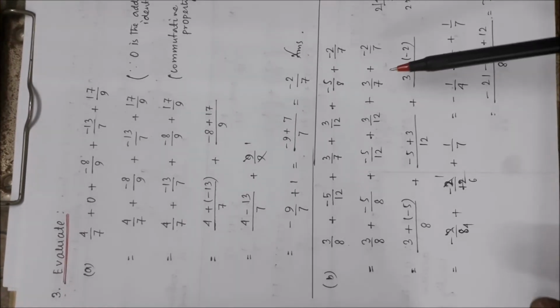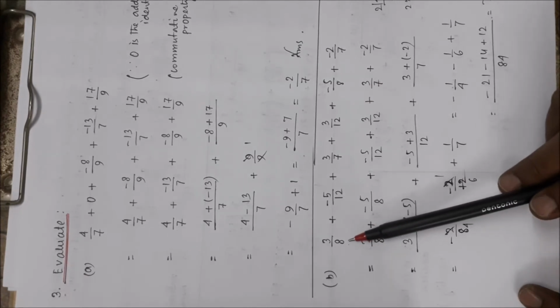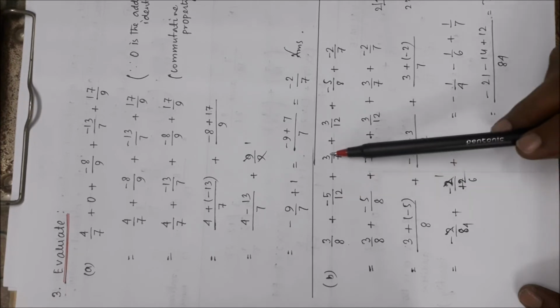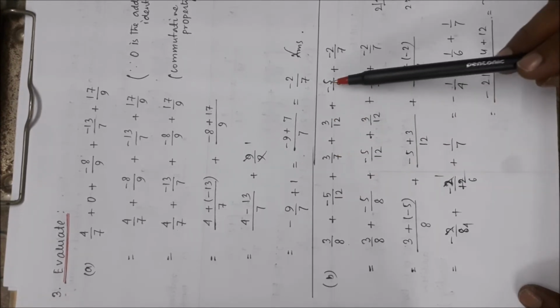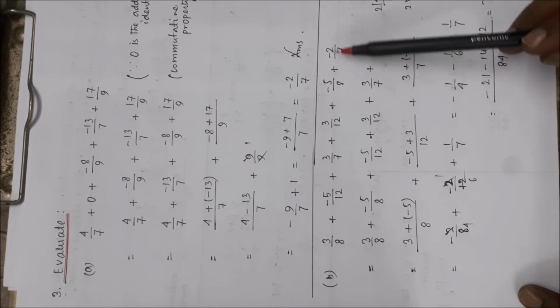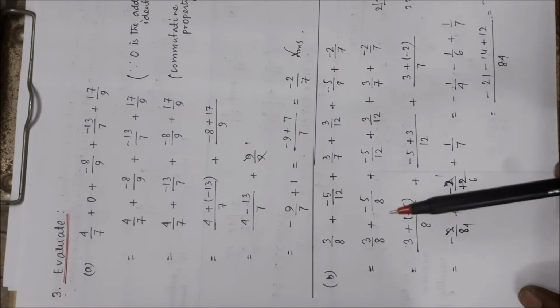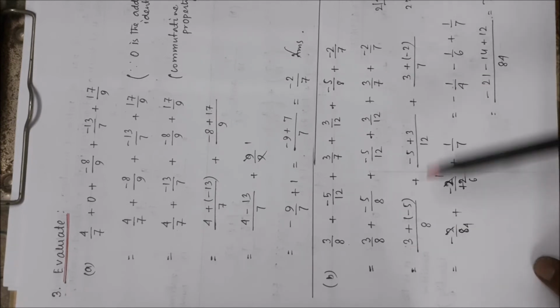Let us discuss another problem: 3 by 8 plus minus 5 by 12 plus 3 by 7 plus 3 by 12 plus minus 5 by 8 plus minus 2 by 7. Now see, first we need to rearrange the terms such that their denominators will be the same.